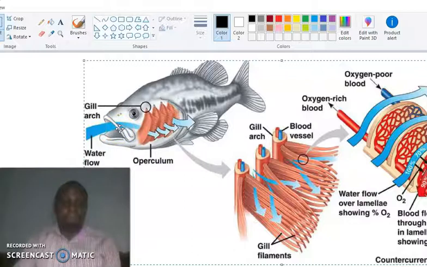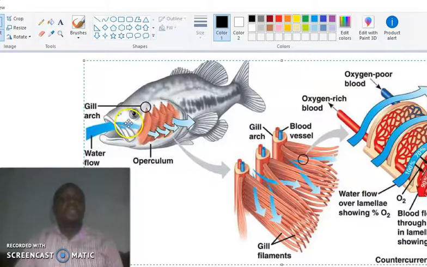Then the operculum bulges out, while the free end of this operculum remains pressed against the wall of the fish. This increases the volume of the gill chamber, but pressure inside decreases. Hence, water moves from the mouth cavity to the gill chamber.